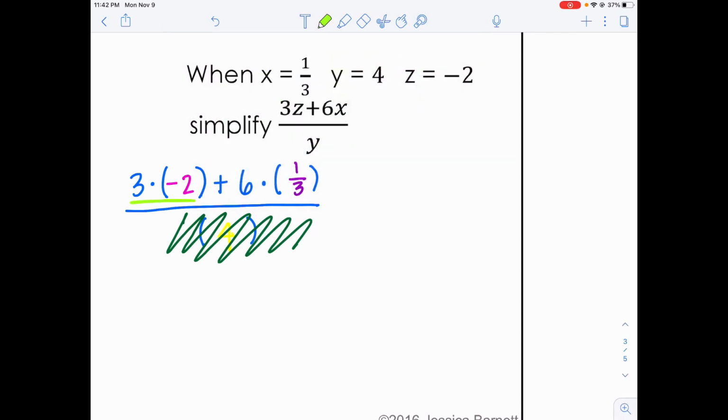First, I'm going to do 3 times -2. You have a calculator, use the calculator. 3 times -2. A positive times a negative means my answer will be negative, and 3 times 2 is 6, so it is a -6.